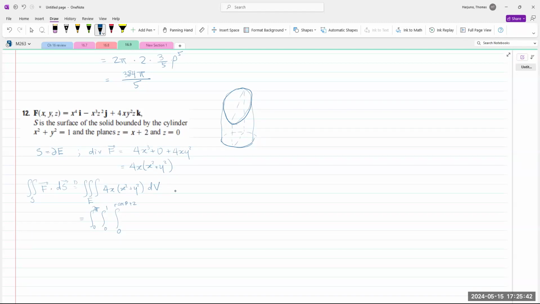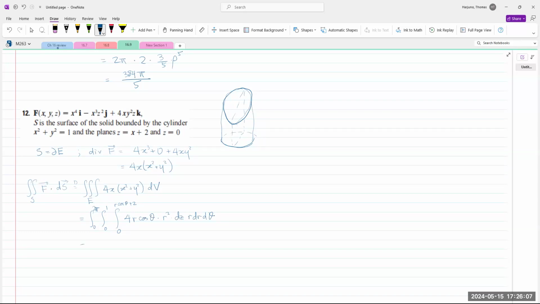Now then, the integrand, we have 4 times the x, which will be r cosine theta, times x squared plus y squared, which is r squared, dz, and then r dr d theta.